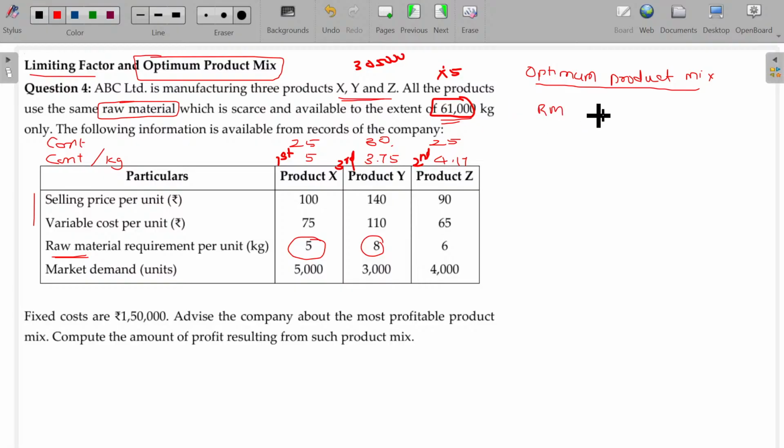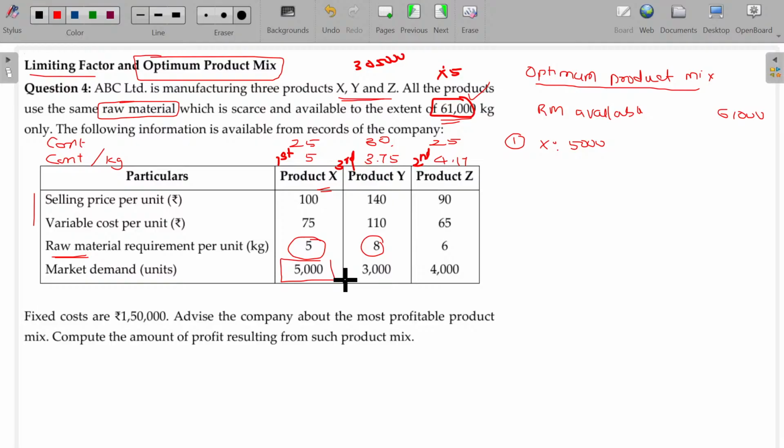Raw material available: how much? 61,000 kgs. First, you have to manufacture what? Product X, as it is the top ranker. How many units can be manufactured? 5,000 units. That's the maximum number of units saleable in the market.